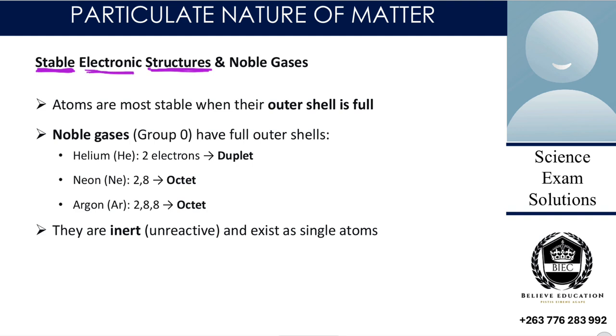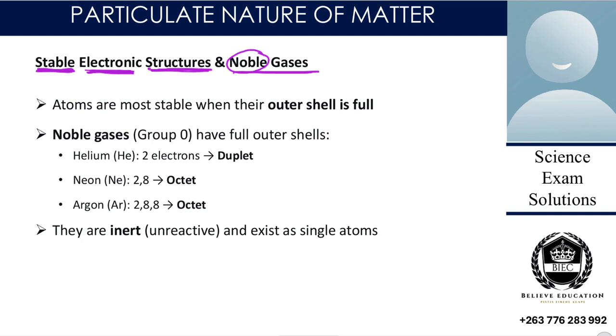So we are saying that the electrons have been arranged in a certain structure that makes them stable, meaning they don't make any funny movements. And also we have what we call noble gases. Noble gases, these guys, they are noble. You know, these guys, they don't react. They are just cool like that. They don't react with others.